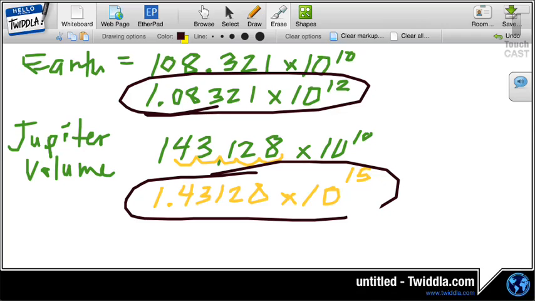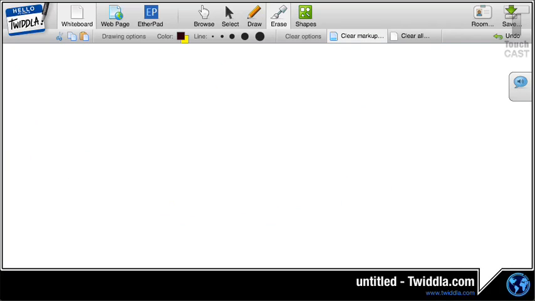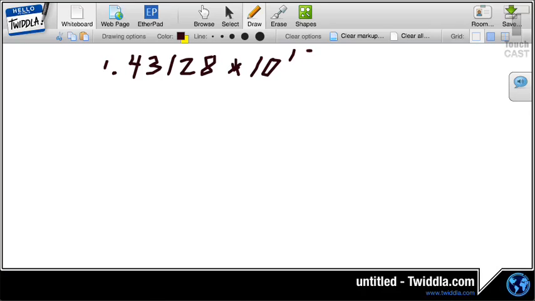Let's clear those out of the way. 1.43128 times 10 to the 15th.